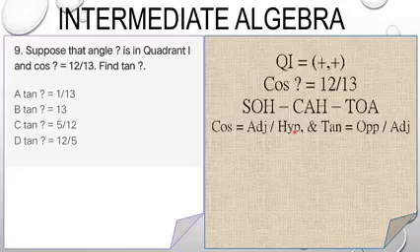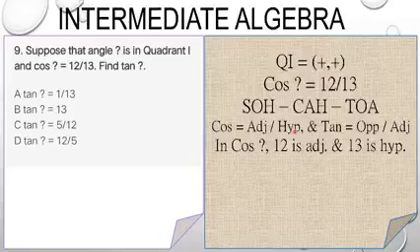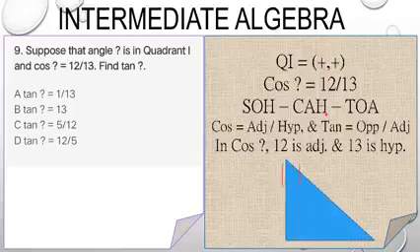That means, in our triangle, meron tayong right angle. And recall that our cosine question mark is equal to 12 over 13. Sabi natin yung cosine is equal to adjacent over hypotenuse. Ibig sabihin yung adjacent natin is equal to 12, while our hypotenuse is equal to 13. In a right angle triangle, if this is our angle question mark, then this is your hypotenuse.